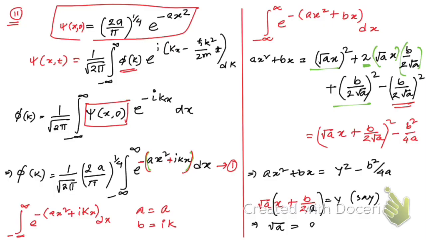Then on the right hand side, the derivative of y with respect to x, so we can write that dx is equal to dy by root a. That's what we can write. Hope you have understood this.